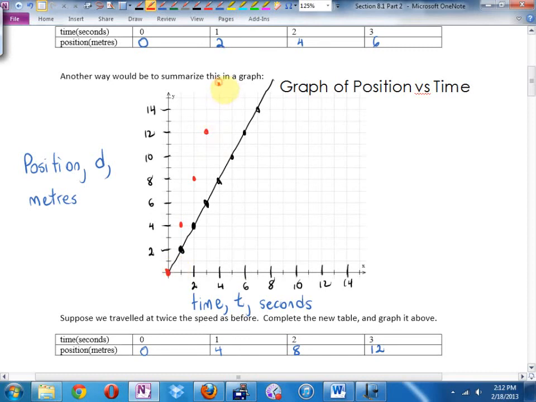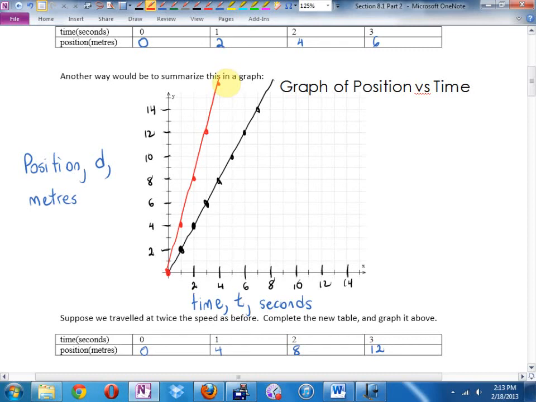There'd be another point off my graph right there. It's sort of like connecting the dots, but with style.